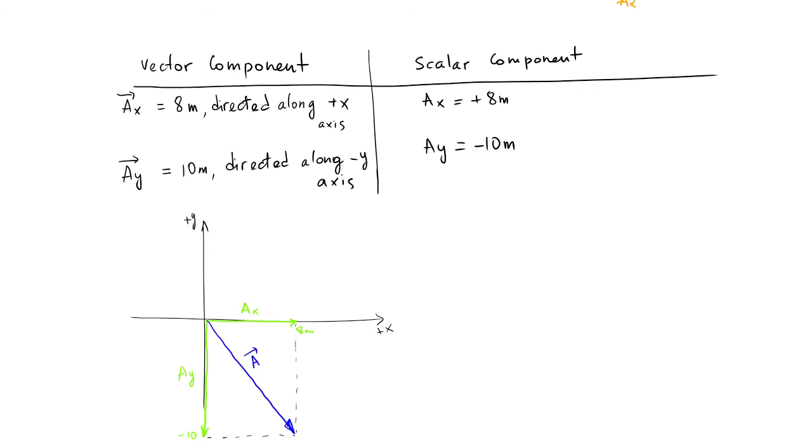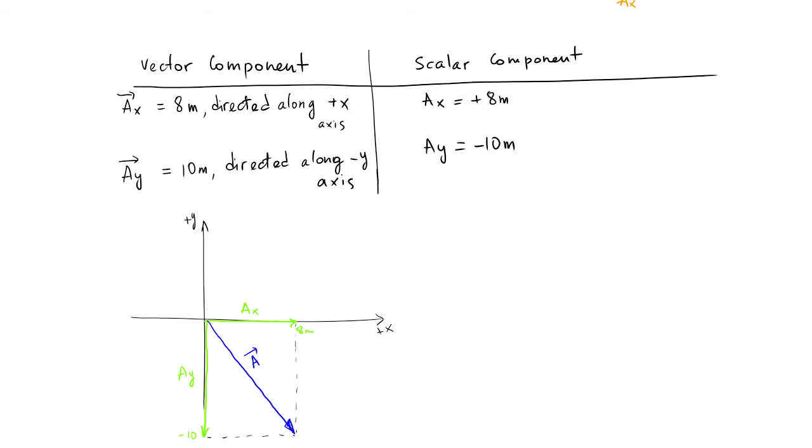Usually in our lectures or in the book, when we use the term component, we will be referring to a scalar component unless otherwise indicated. Another method of expressing vector components is to use a unit vector.